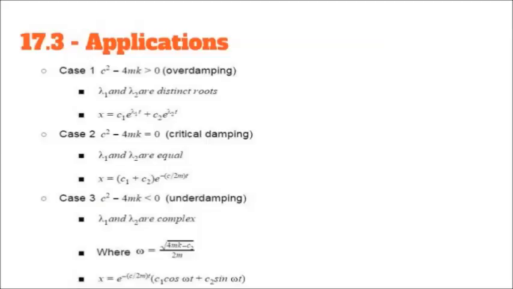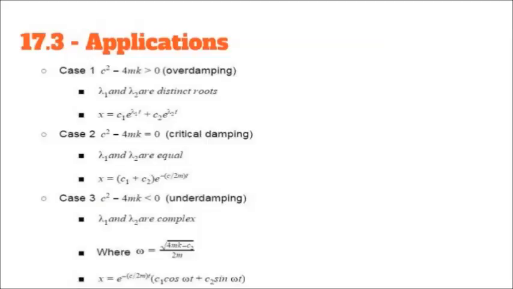And case 3 is where c squared minus 4mk is less than 0. This is underdamping, where lambda 1 and lambda 2 are complex numbers, where we have omega is equal to the square root of 4mk minus c squared, over 2m.